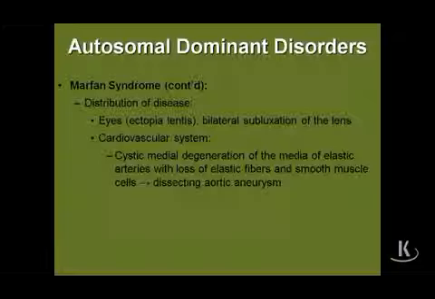where the lack or defective fibrillin protein will lead to structural weakness of the cardiovascular system. And what used to be called, you may have learned this, cystic medial necrosis. It's not really necrosis, but it's cystic medial degeneration of the media of the elastic arteries.